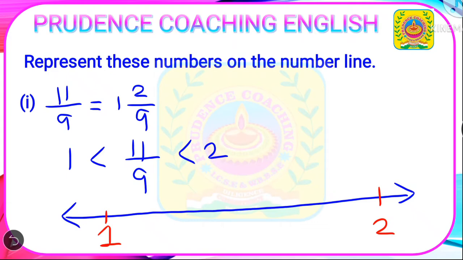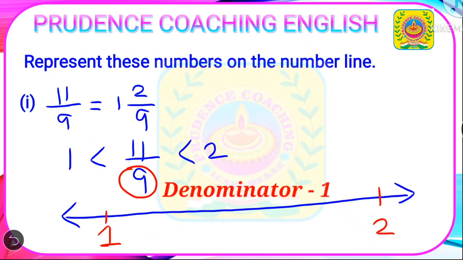As you can see here, the denominator is 9, so between 1 and 2 we need to make 9 parts. So we need to divide the gap or the space between 1 and 2 into 9 equal parts. So we will make 8 lines between 1 and 2.